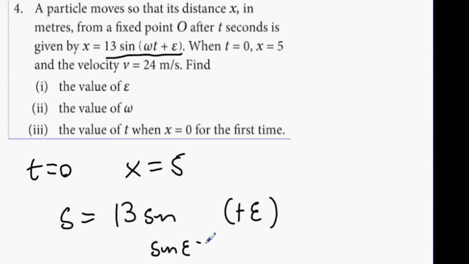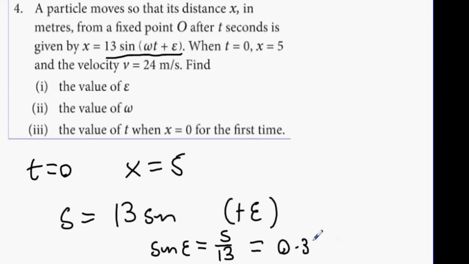What's 5 over 13? It's 0.3948 in radians.